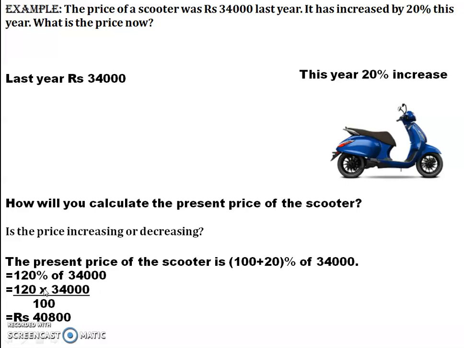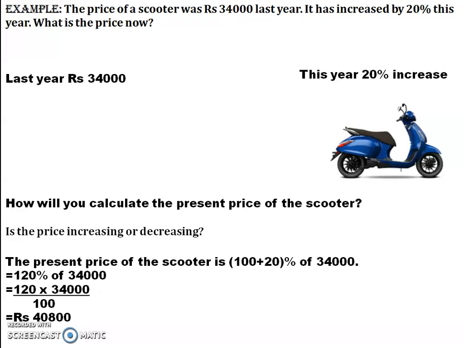Of means multiplication, and 34,000. So, how will you calculate? 120 into 34,000, the whole divided by 100. So, the final answer is rupees 40,800. So, the present price of the scooter is rupees 40,800.